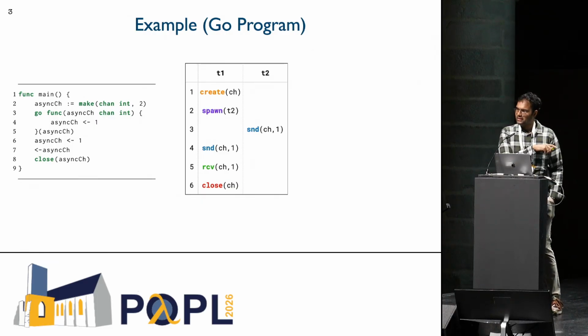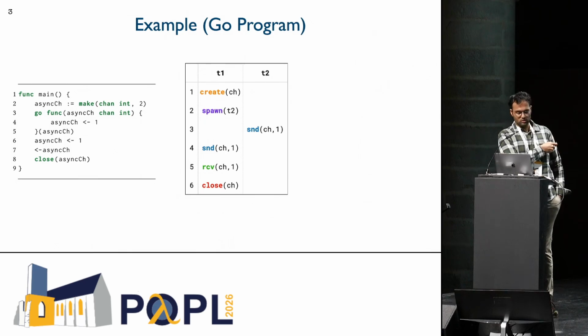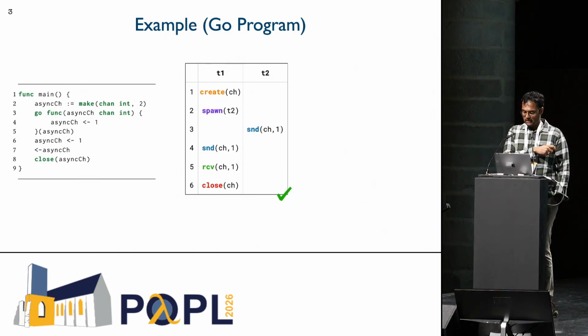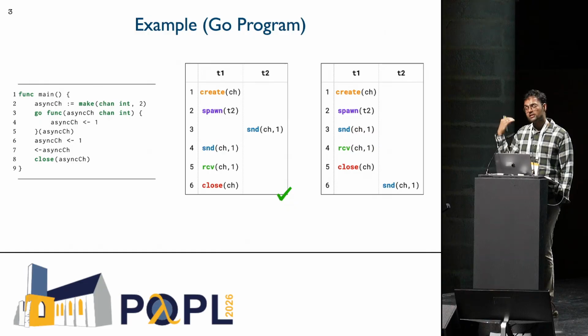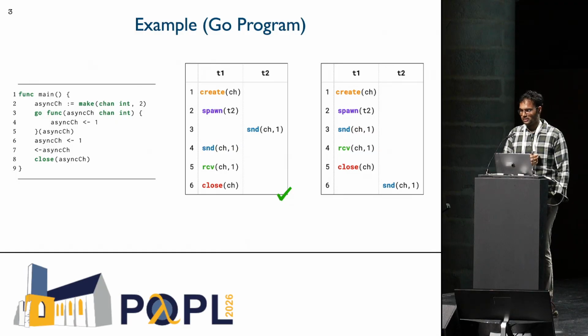But if you pay attention, you can reason about the problem anyway, because if I look at this execution, I can reorder the send event on thread T2 all the way to the end, and this hypothetical reordering is bad because it will raise a panic in my Go program, since it's accessing the channel after the channel is closed.